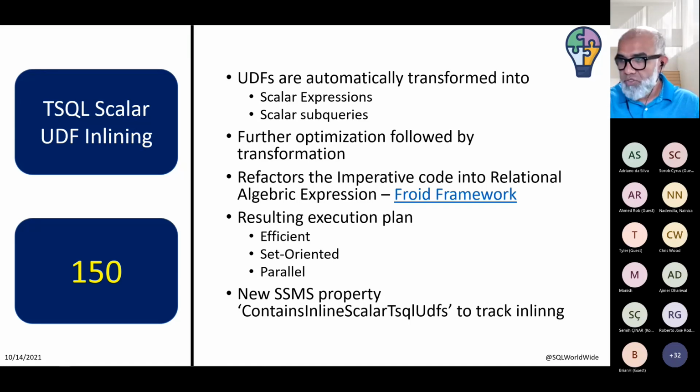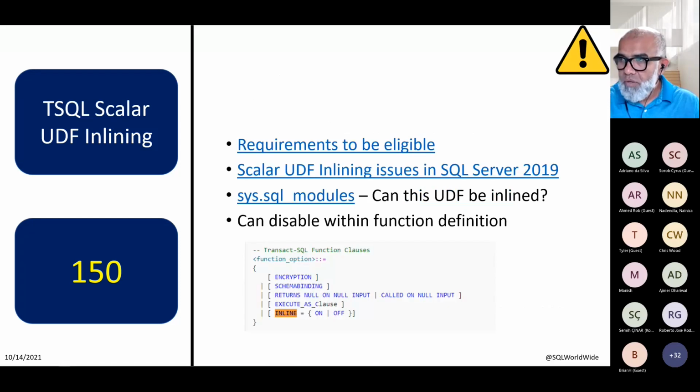This feature was based on the Froid framework. I put a URL. If you are interested, go and read. This is a very heavy technical paper. I'm just telling you, probably not very easy to consume. Requirements to be eligible are as I put in there. sys.sql_modules will tell you if your UDF can be inlined.